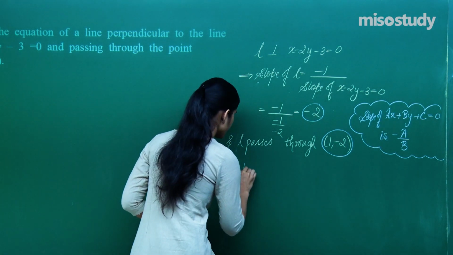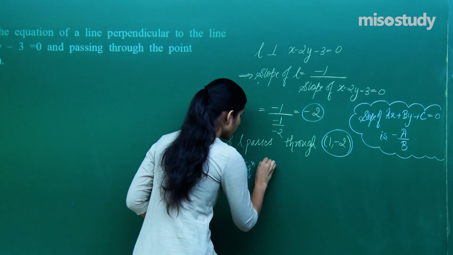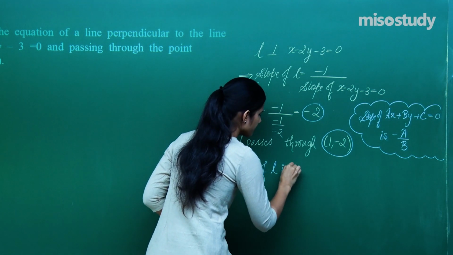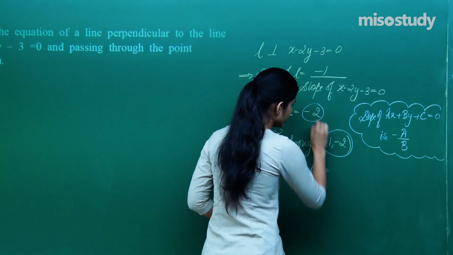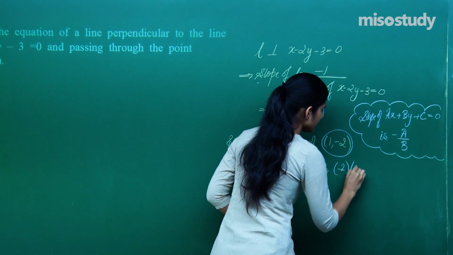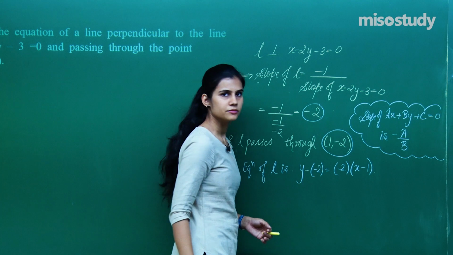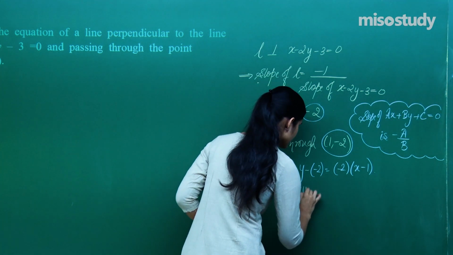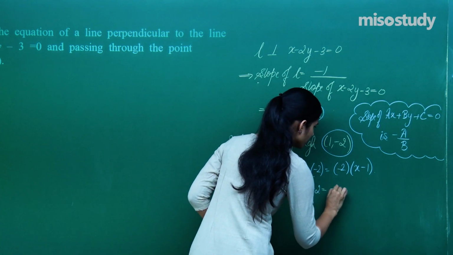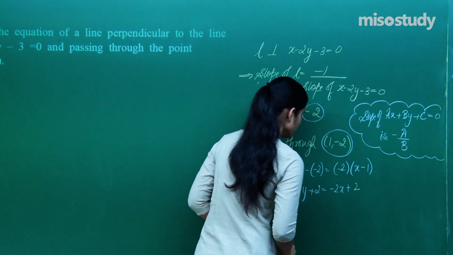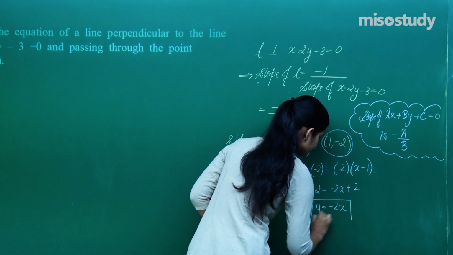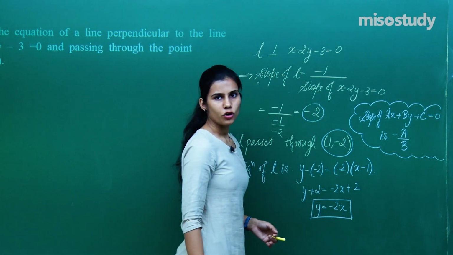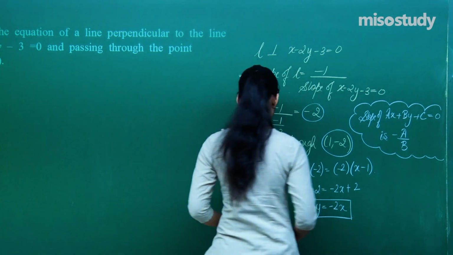Therefore the equation of L is y minus y1 equals m into x minus x1. You can always resolve this. This is y plus 2 equals minus 2 into x minus 1, so this gives you y equals minus 2x, or y plus 2x equals 0.